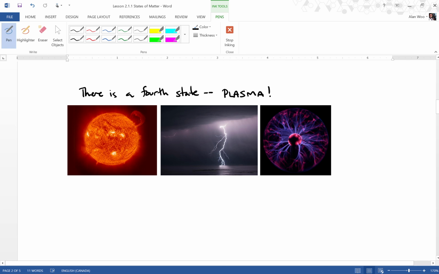So when you look at the sun, okay, we all know that the sun is a star. Okay, hopefully you guys know that too. It's the closest star that we have to planet Earth. But what you probably don't always think about is, well, most people sometimes call it a fireball, but it's not really made of fire.